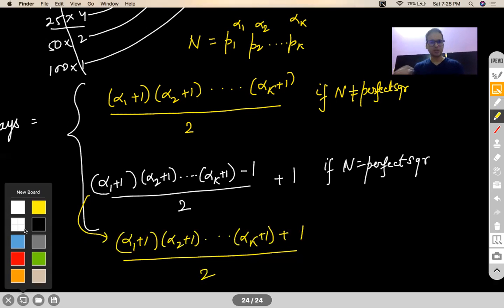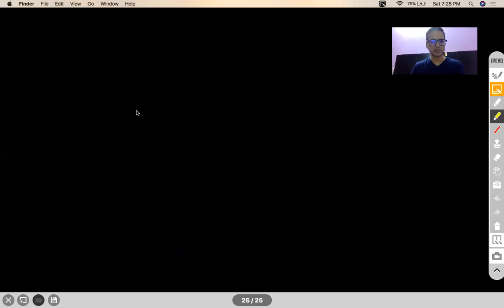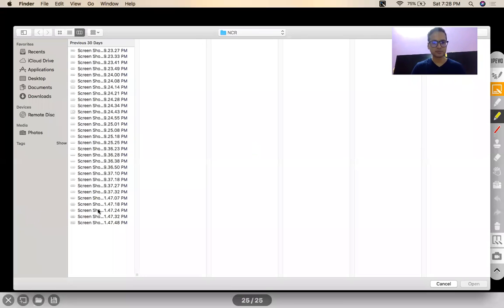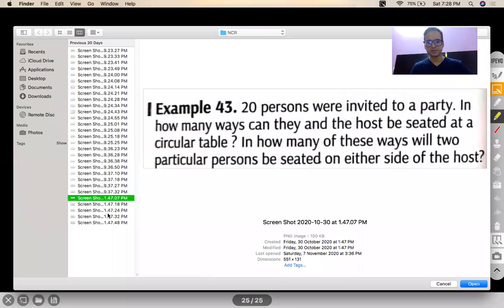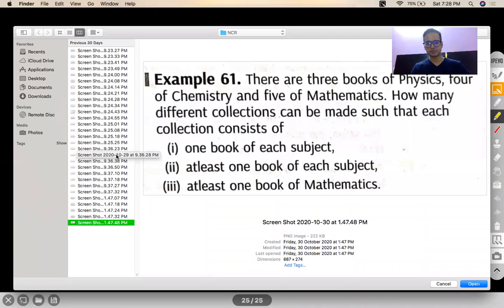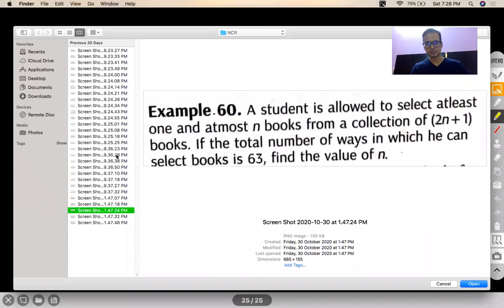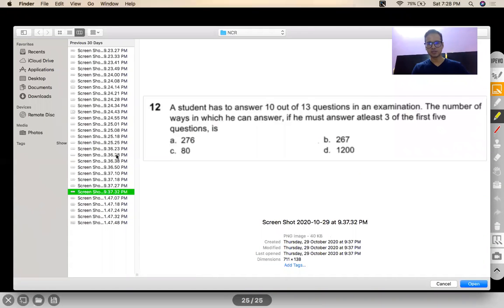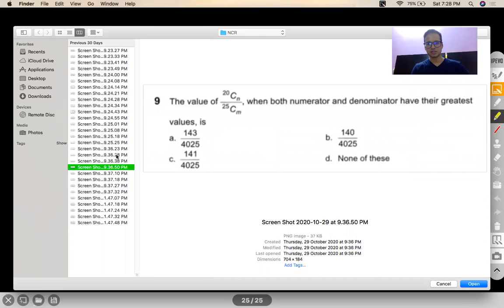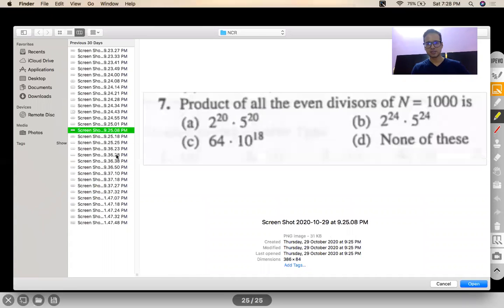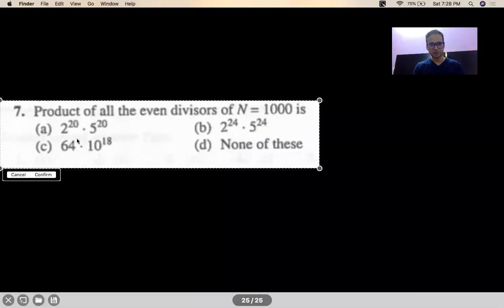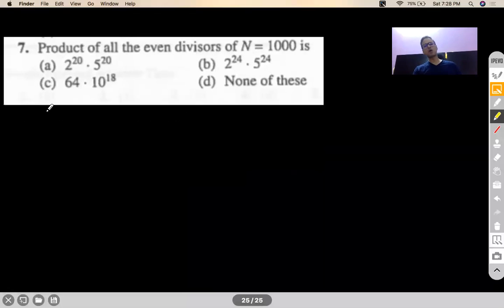So we'll take one question if at all we have a bit of time left. Okay, let's take this one. Find the product of all even divisors of n. Find the product of all even divisors of 1000.